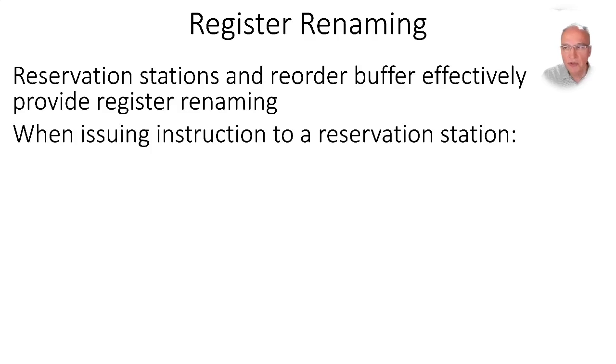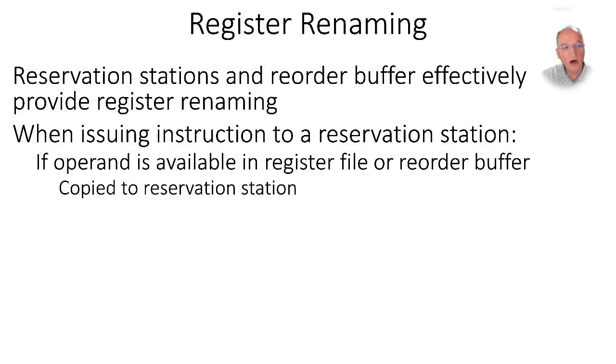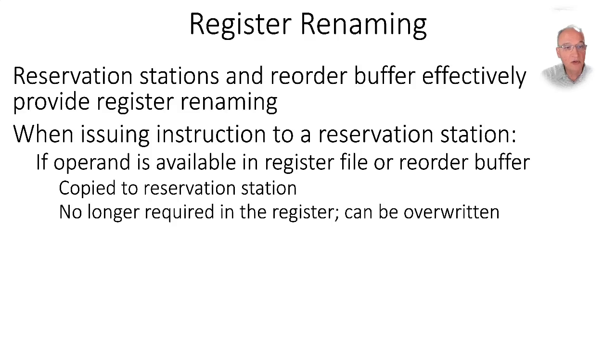So when you issue an instruction to the reservation station, if the operand is available in the register file or in the reorder buffer, you can copy that value into the reservation station, and then you no longer require it in the register, and you can overwrite the value that was in the register.